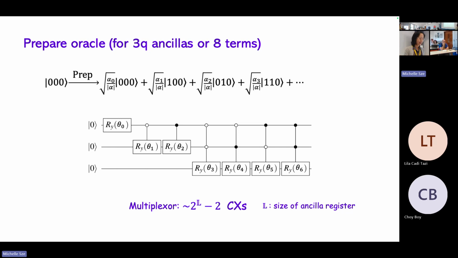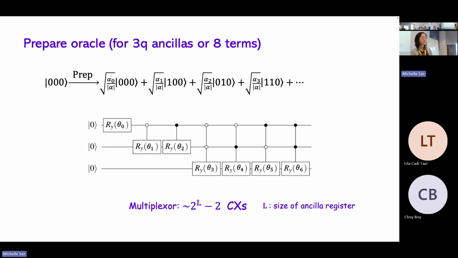I'm fine. So what's inside the prepare oracle is a big body of research in itself, but naively you will have control gates, rotation gates and multi-control gates. In our work, we use the multiplexor synthesis.